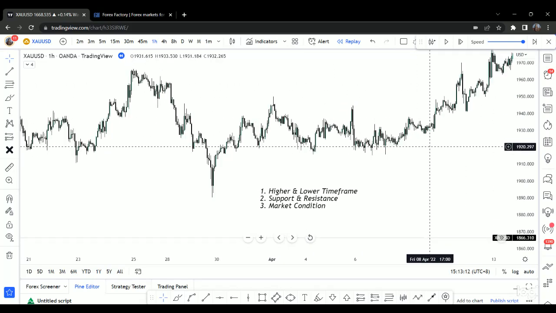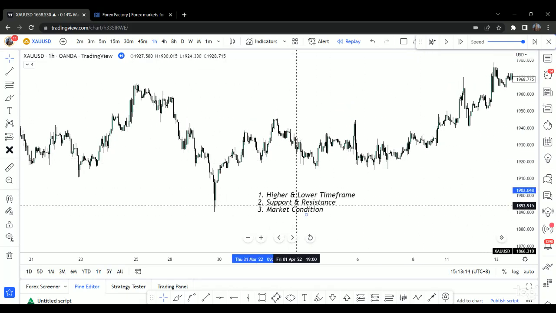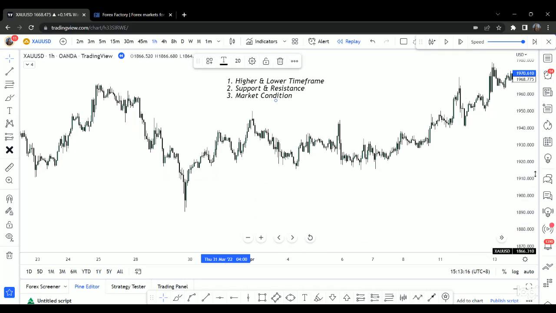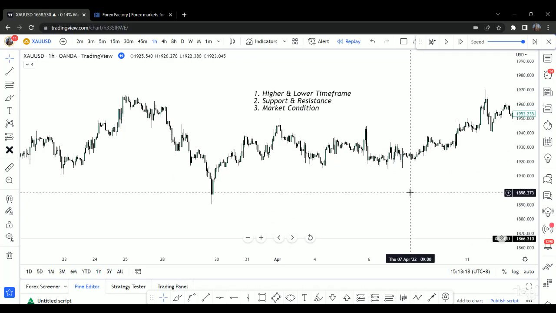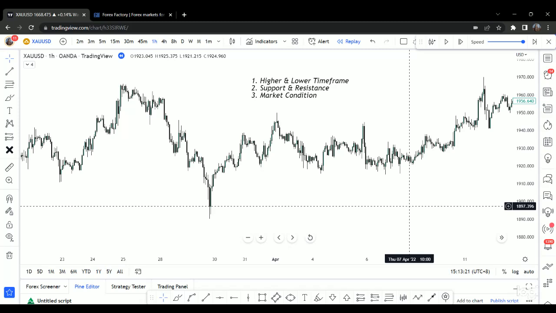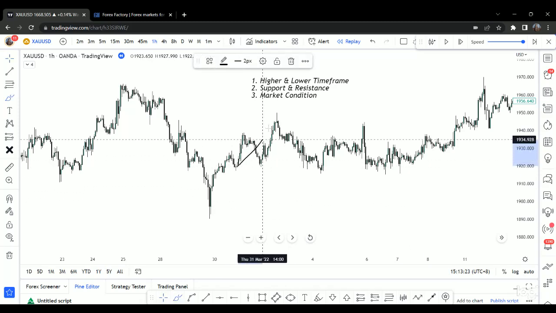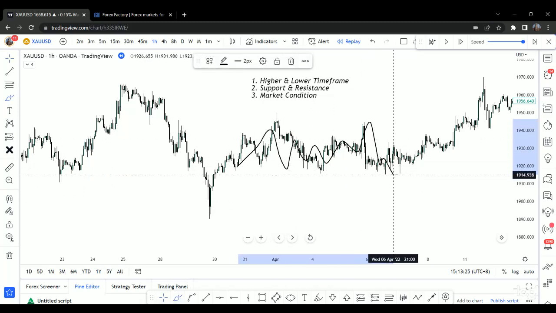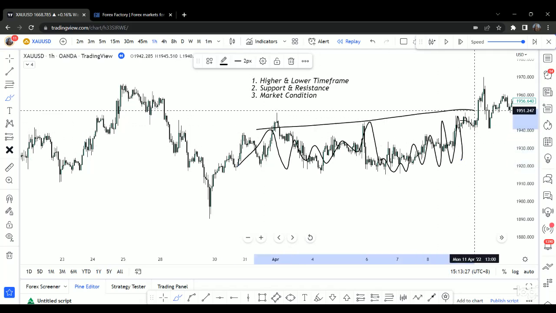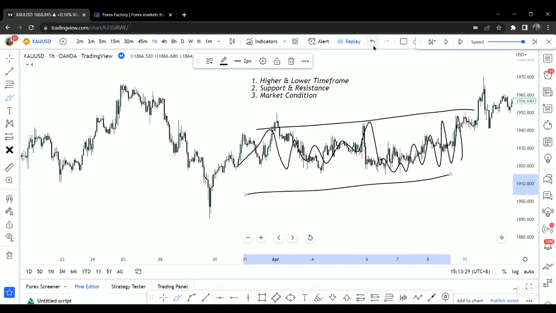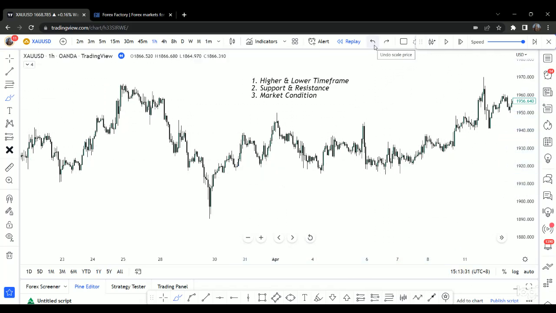Before you start identifying the direction of the market, the first question to ask yourself is, what is the current market condition? If the market condition is range bound, which means the market is moving sideways, respecting highs, respecting lows, bouncing between a range, then you should basically just trade the range.